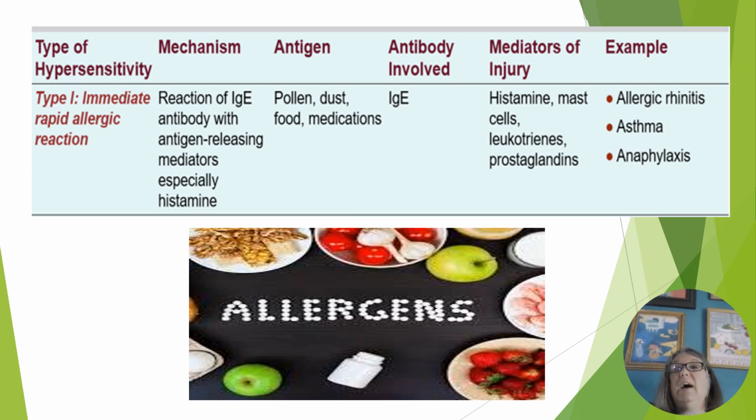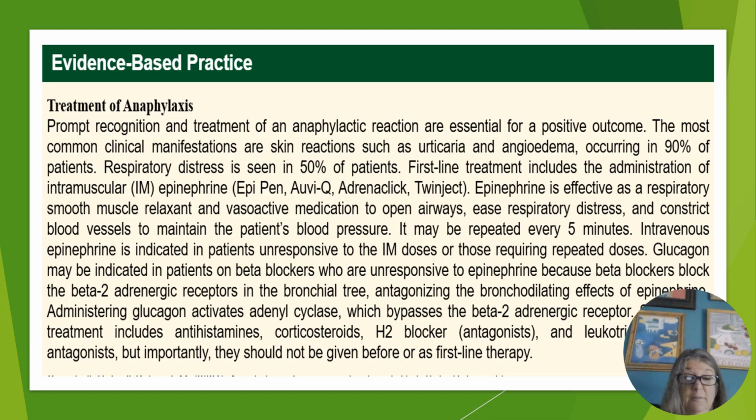So that squeaky sound is like it's squeaking through that narrowed airway. Severe or untreated reactions result in anaphylactic shock with hypotension and tachycardia due to the vasodilation and capillary leak. So no good. This is evidence-based practice related to treatment of anaphylaxis. This is straight out of your book. Definitely take a look.